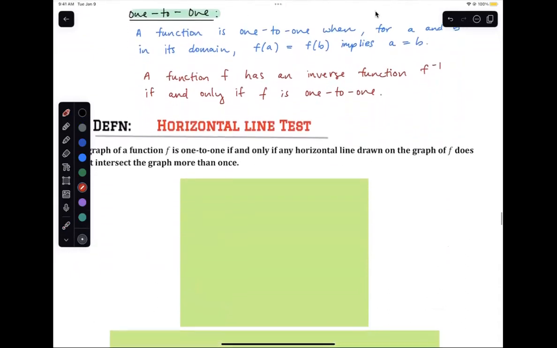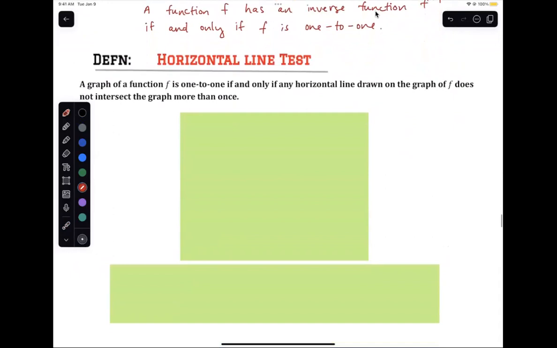One way that we could tell it's one-to-one is by doing the horizontal line test. So the graph of F is one-to-one if and only if any horizontal line drawn on the graph of F does not intersect the graph more than once. It's kind of like the vertical line test in that you now draw a horizontal line. And if it touches twice, that means it's not one-to-one, which means that it doesn't have an inverse. So if the horizontal line test fails, that means no inverse for that function.